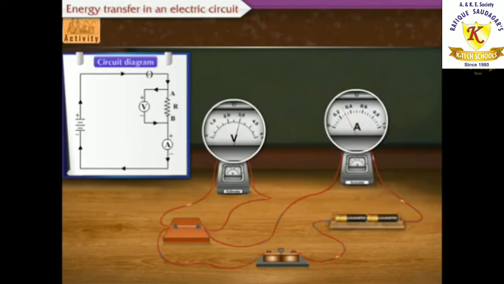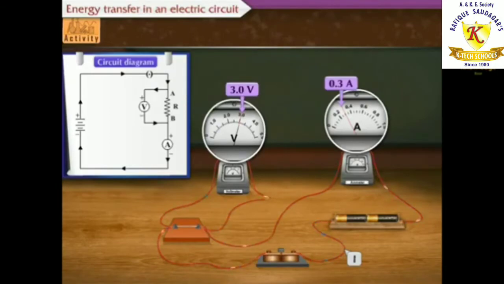So let us first note down the value of current, that is I. It is 0.3 ampere. The voltmeter shows the value of 3 volts.